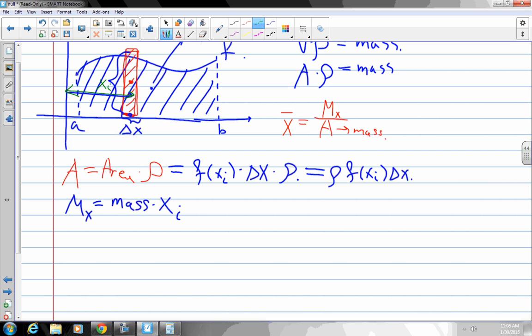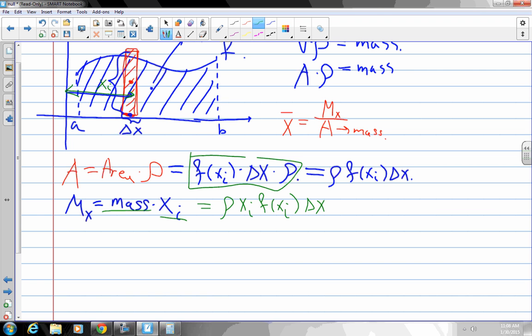So this will balance it. And then times the mass. We already agreed this is how we do the mass times the x. So we're getting rho x of i f of x of i delta x. So is that about here, about the center?